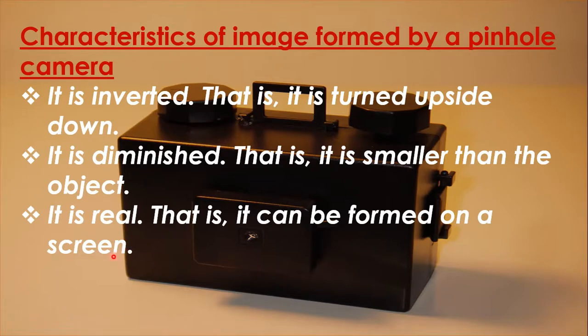It can be printed if it were a modern camera. Now, the image that you see in your mirror cannot be formed on a screen. In other words, it cannot be printed out. So we say that one is virtual. It cannot be formed on a screen.